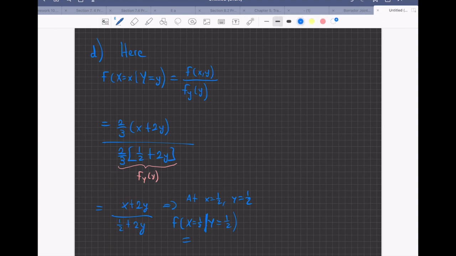So we have 1/2 plus 2 times 1/2 divided by 1/2 plus 2 times 1/2. So you will realize that this is equal to 1/2 plus 1 divided by 1/2 plus 1, and this number is only 1. So the answer here is 1 for part D.